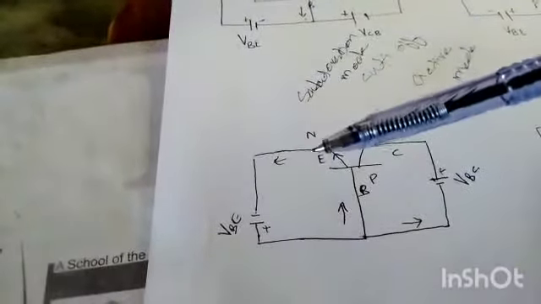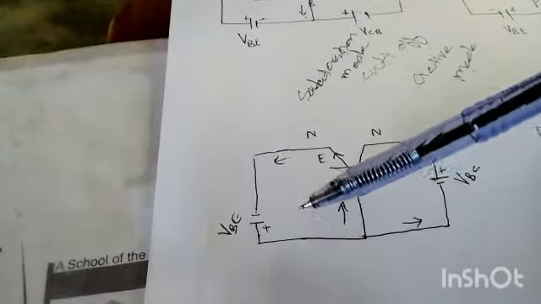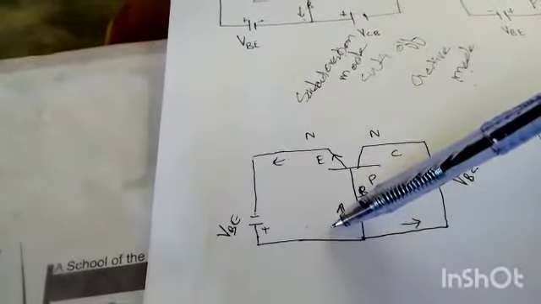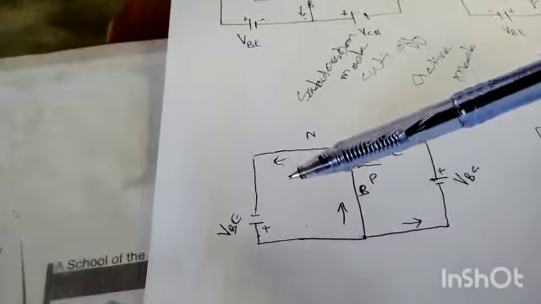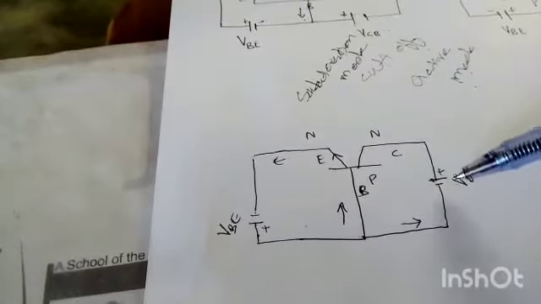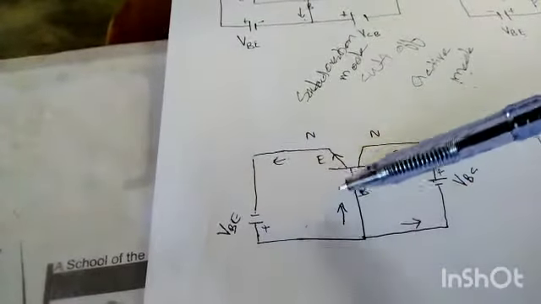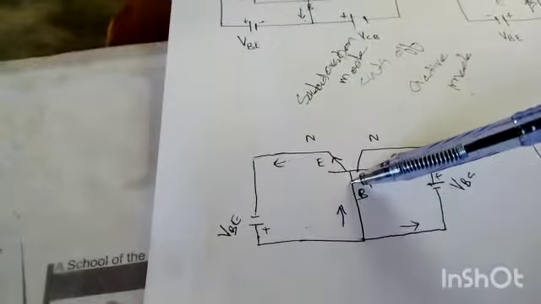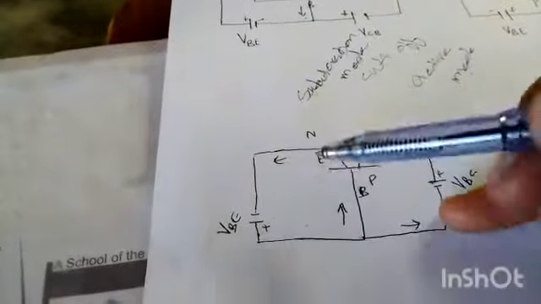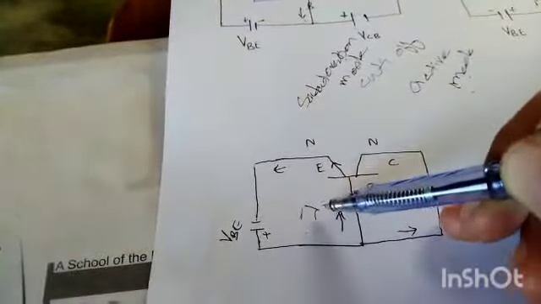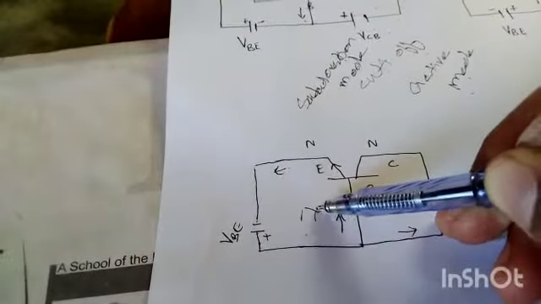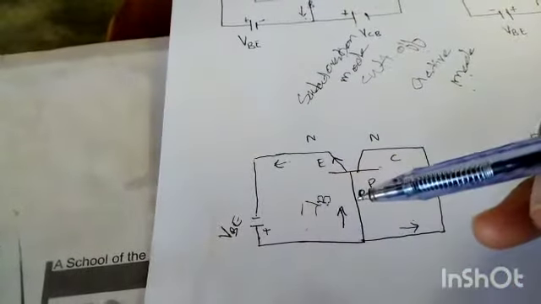Now in forward biased mode, or the active mode of the transistor, when we increase the voltage connected across base and emitter, there is an increase in the current flowing in this input circuit. That current you call the base current.